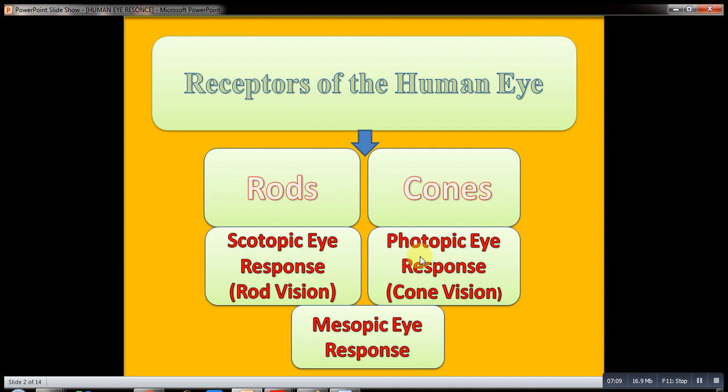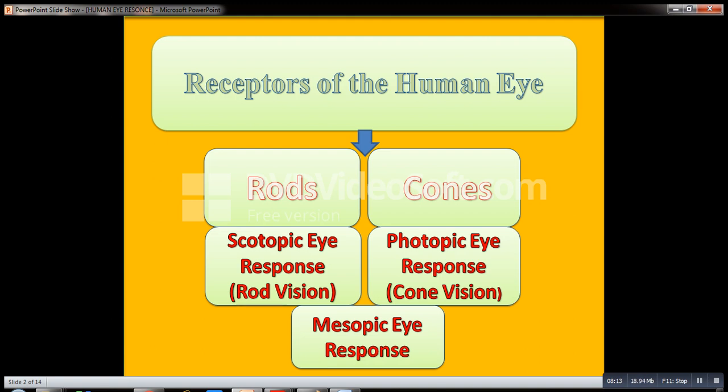As mentioned, photopic vision occurs after the eye is adapted to field luminance equal to or greater than about 3 nits, candela per meter squared, which is called the light adapted state, while scotopic vision occurs after the eye is adapted to field luminance less than or equal to 3 times 10 to the minus 5 nits.